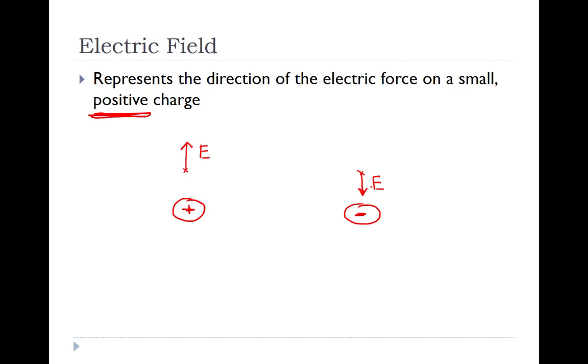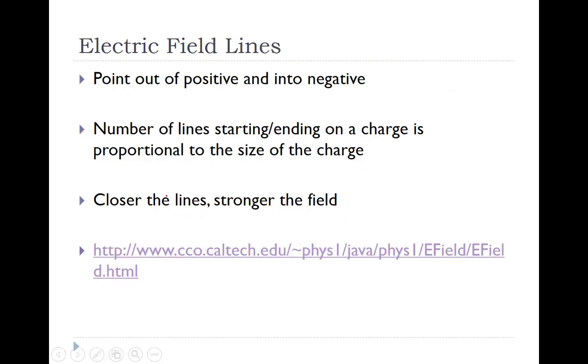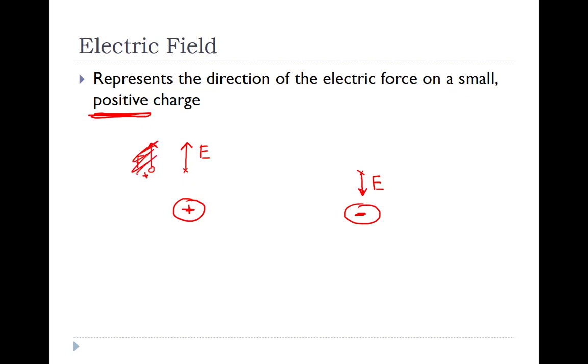Not only that, but if I actually did bring a positive charge in here, it would follow the field line. So the force on a positive charge would be away. I'm going to scribble this out because technically at that point, that's not how the force would go.